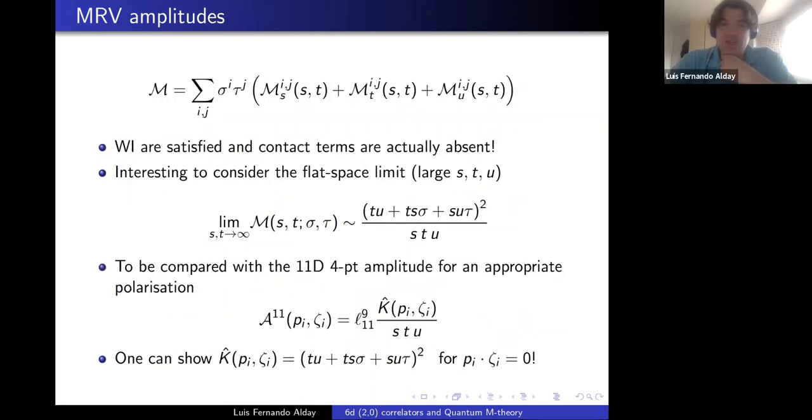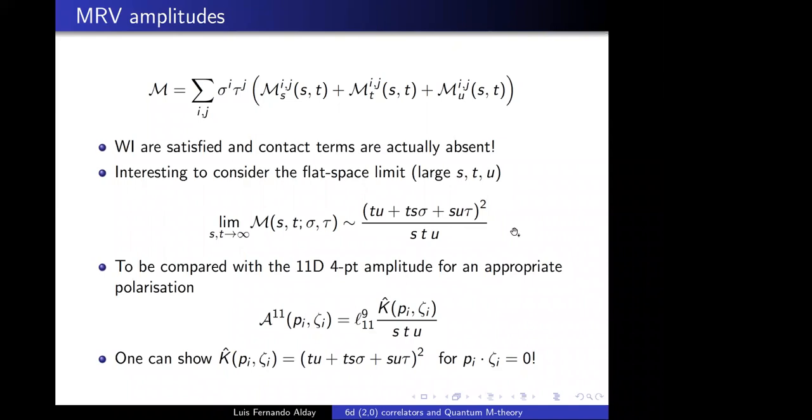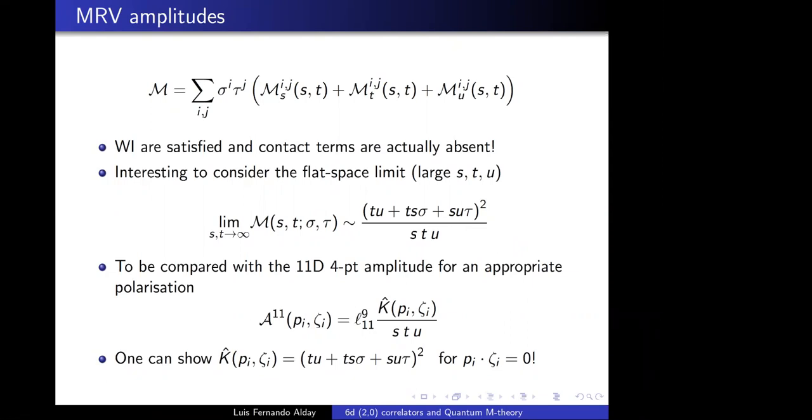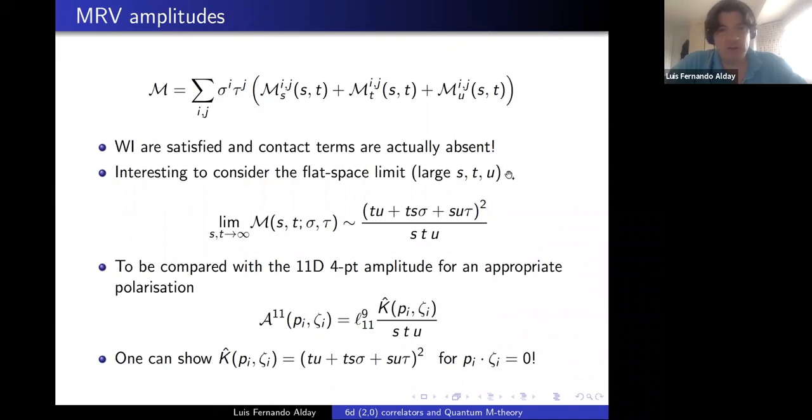And let me mention something also to answer the question by Shiraz about the polarization and the sigma and tau dependence. It is actually interesting to consider the flat space limit of the answer we have gotten.